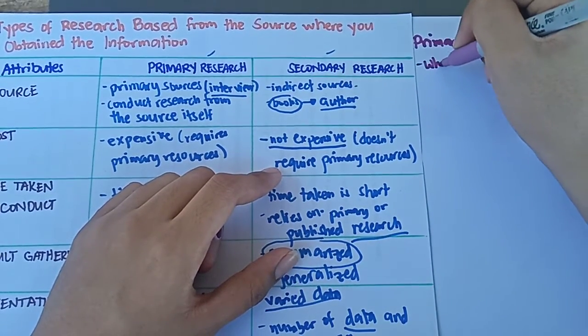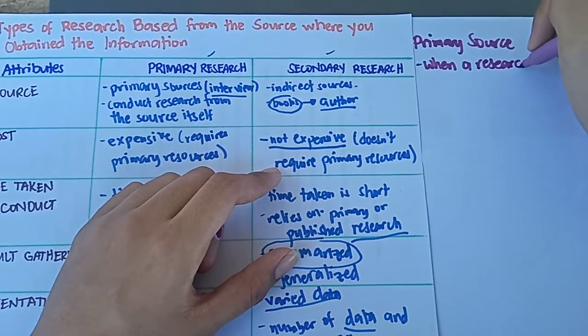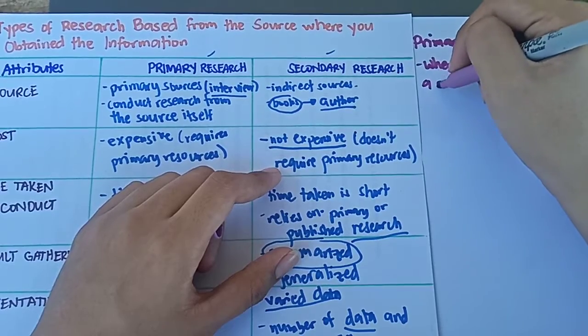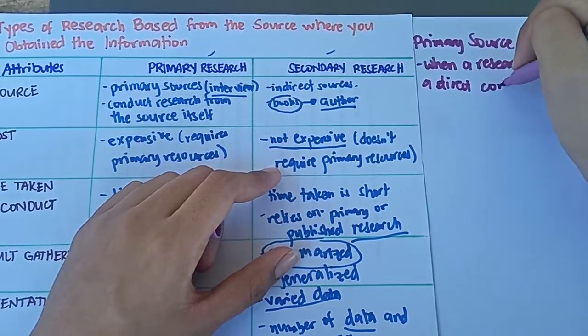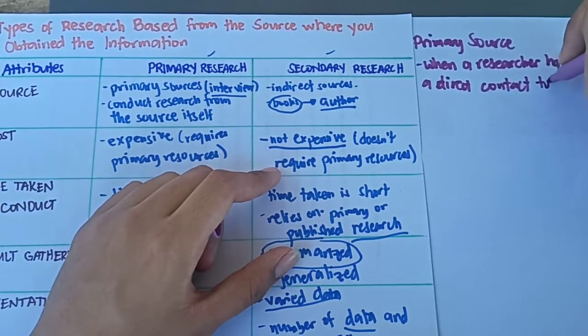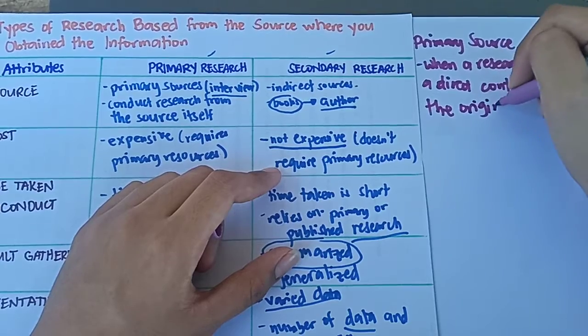A primary source is when a researcher has direct contact to the original source.